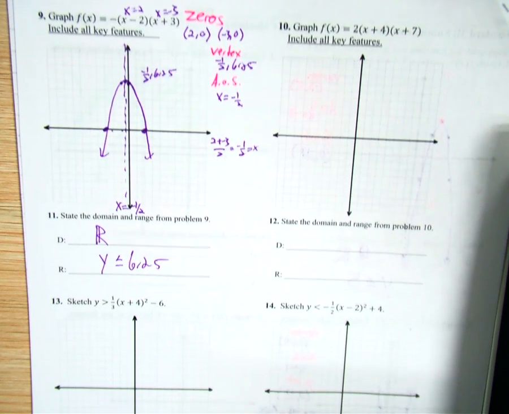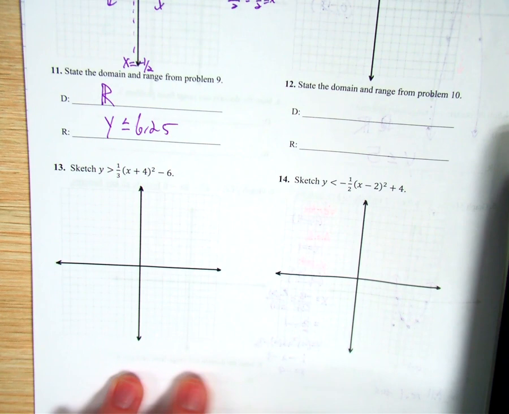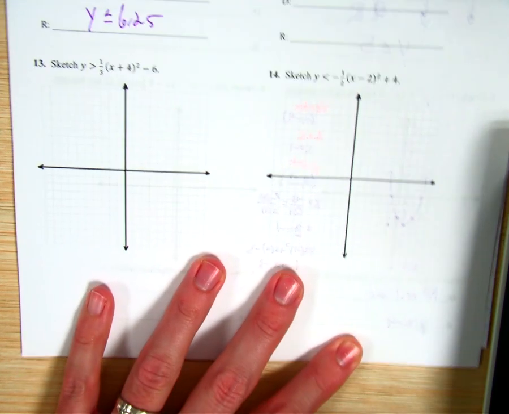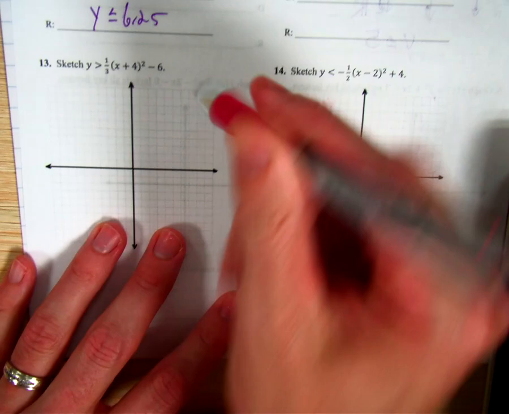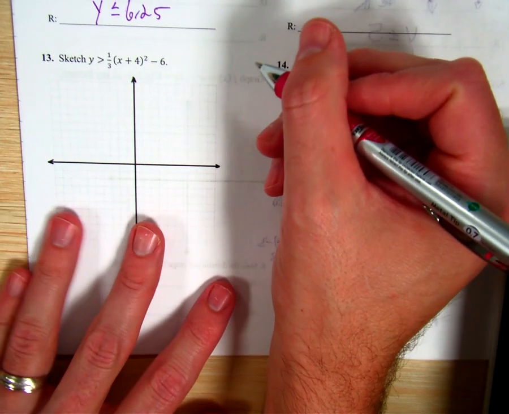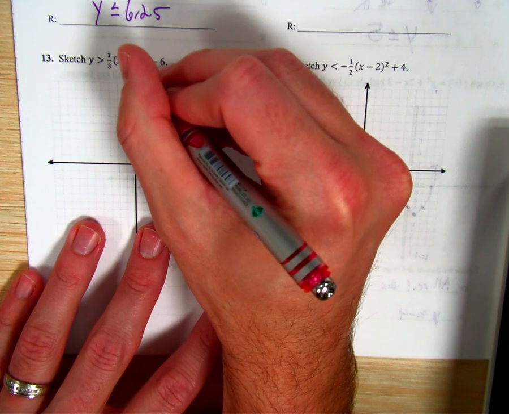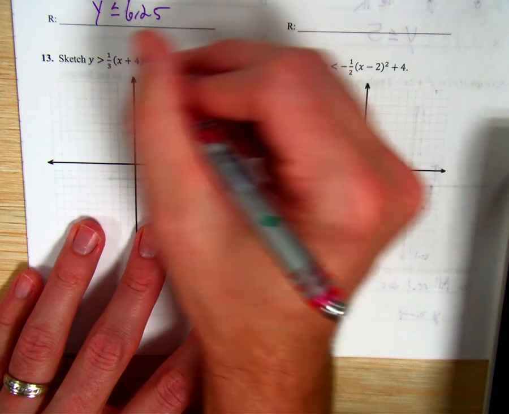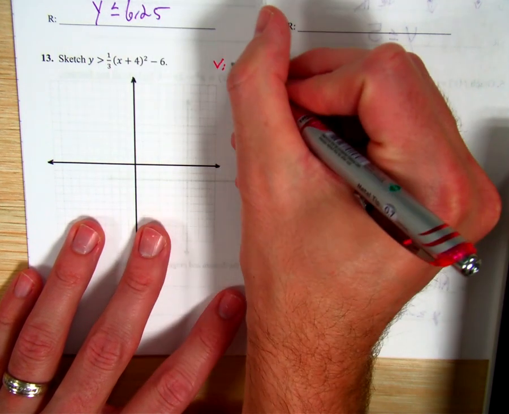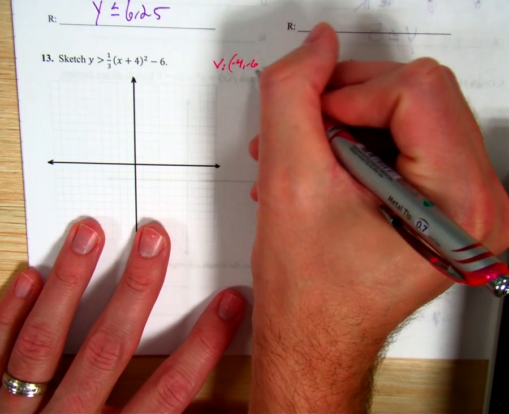Last one. Inequalities, and we're back to vertex form. Okay, so my vertex is -4, -6, opposite, same.